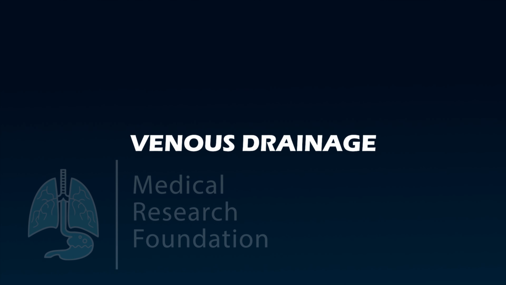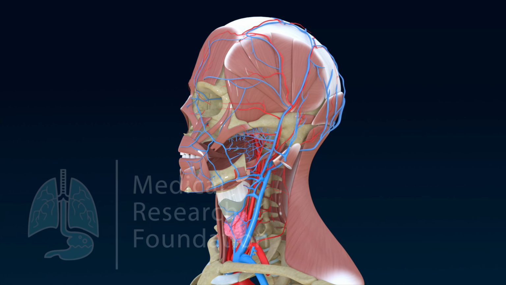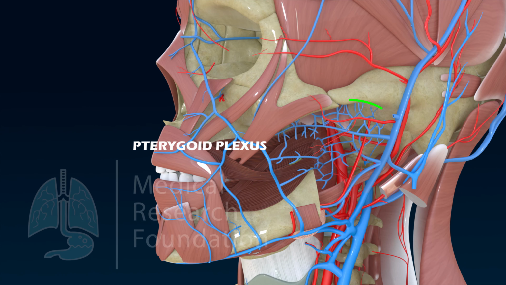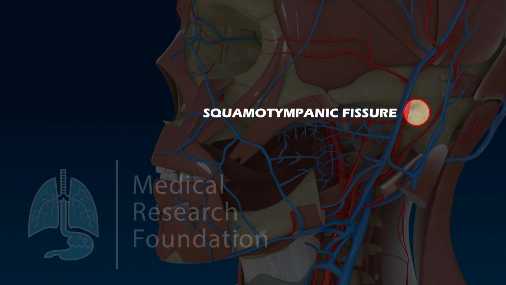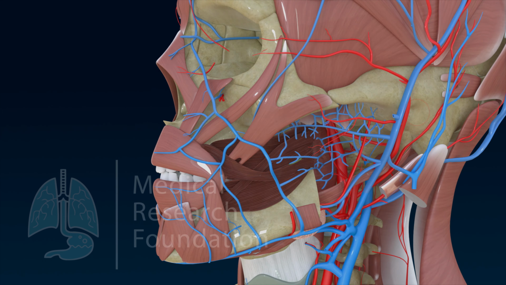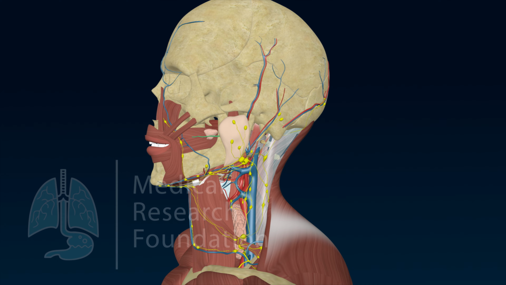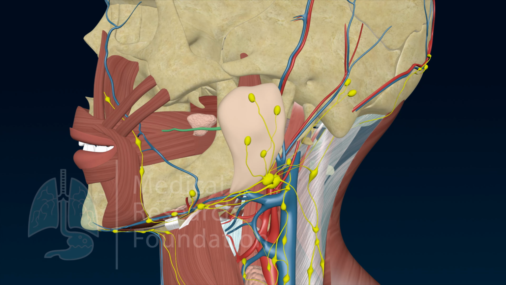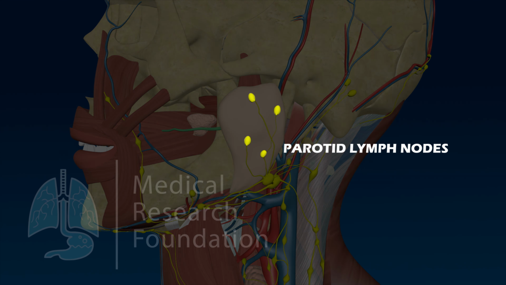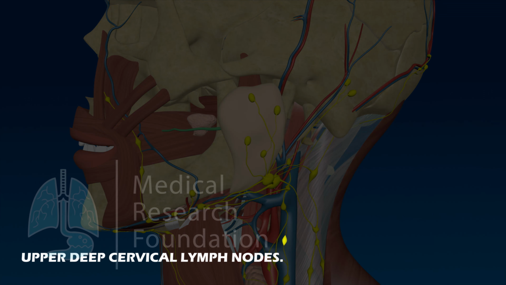Venous drainage. The veins from the middle ear drain into the pterygoid venous plexus via the squamotympanic fissure. Lymphatic drainage. The lymphatics from the middle ear drain into parotid lymph nodes and upper deep cervical lymph nodes.